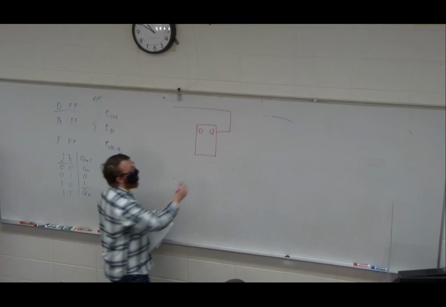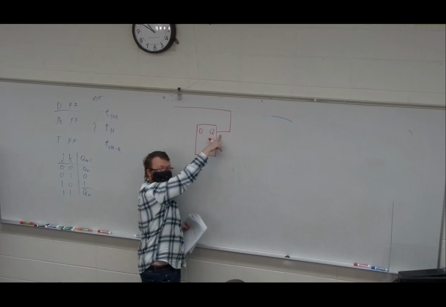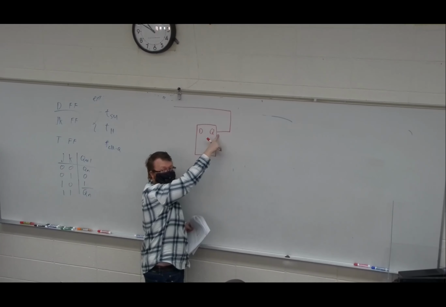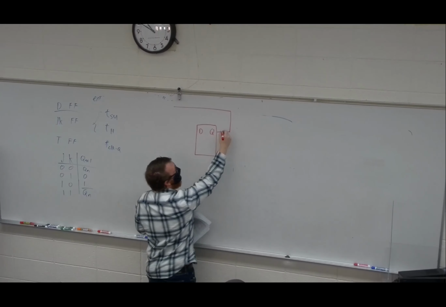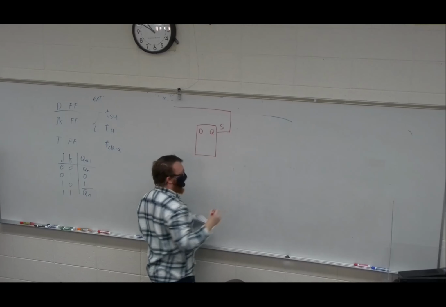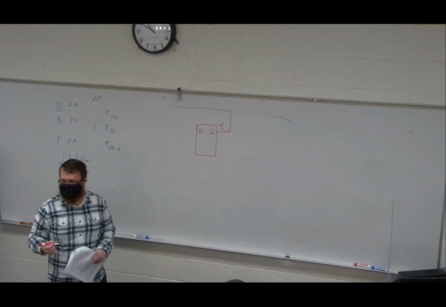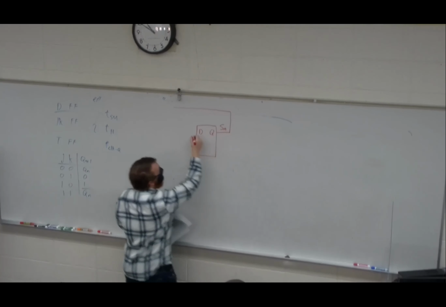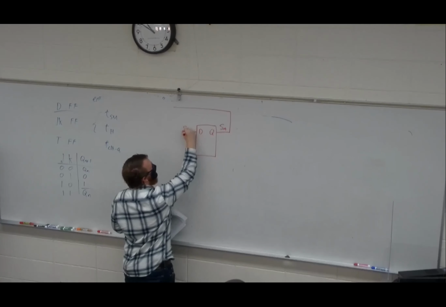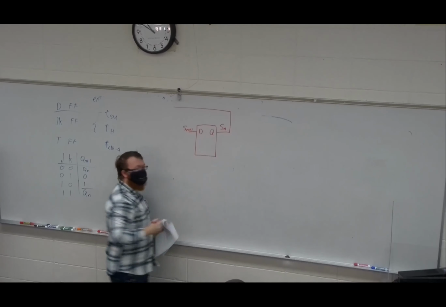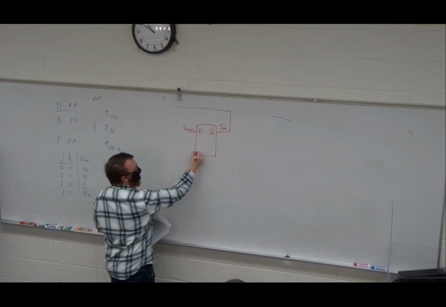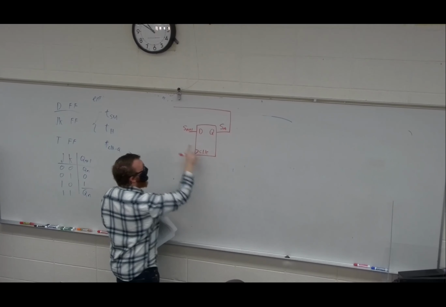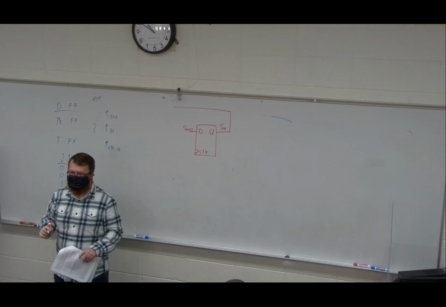So Q here is the present state. So I'm going to label that as S for state. And more specifically, I'm going to label it Sn. What comes into the D is Sn plus 1. Because once the clock happens, that will be the next state.